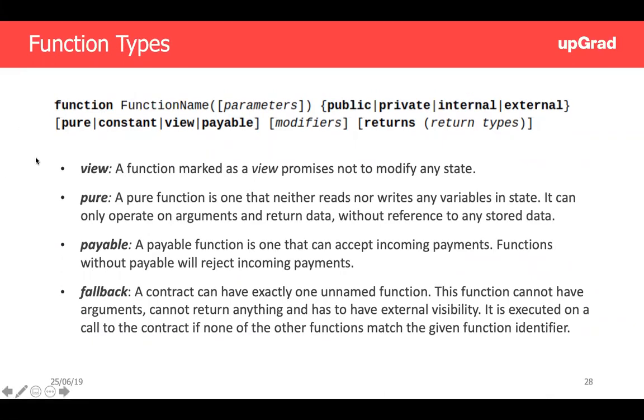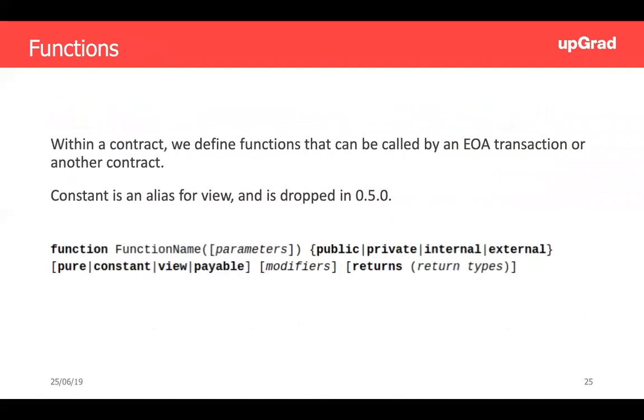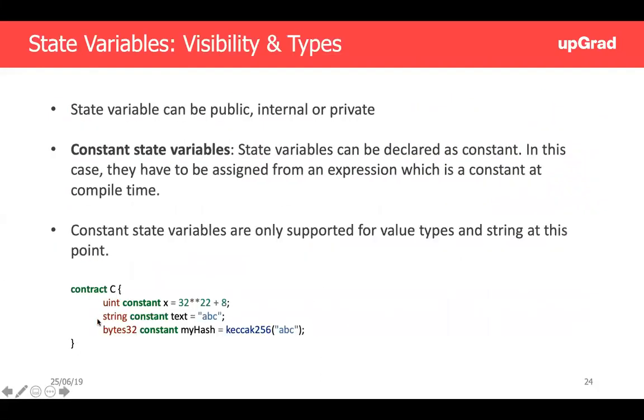Now let's look at the different function types. There are 4 different types of functions that could be included inside of any smart contract. The first one is called a view function. If you define a function as a view function, what you're saying is this function will not modify any state. For example, say you defined a state variable, like right now we defined a state variable called text.